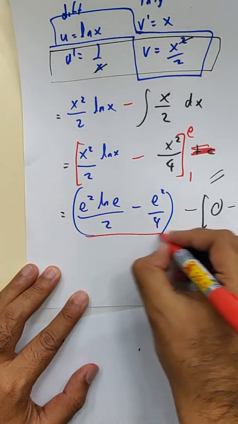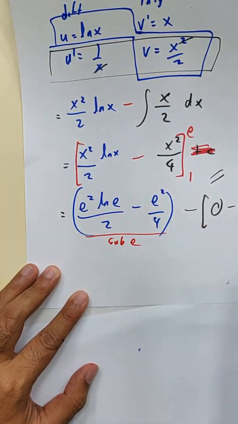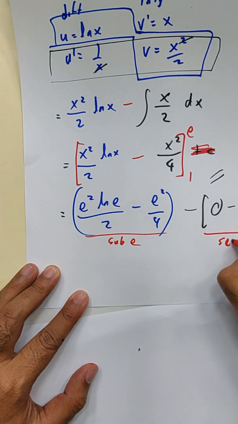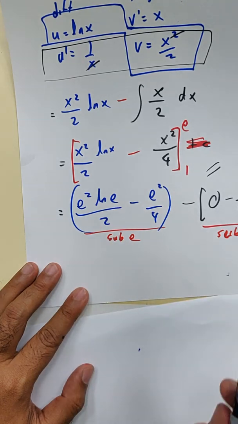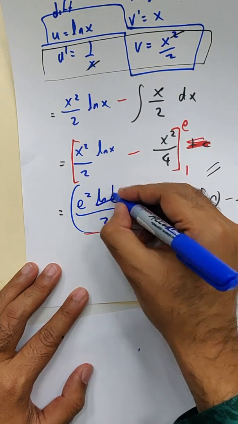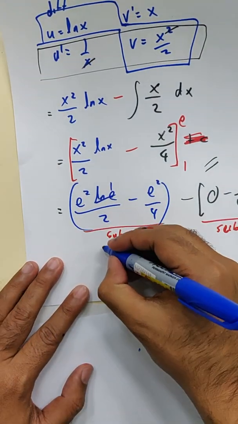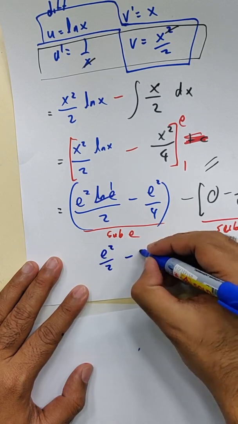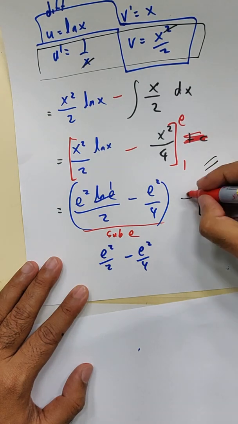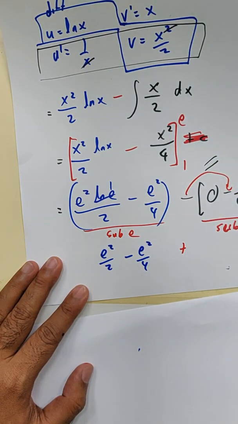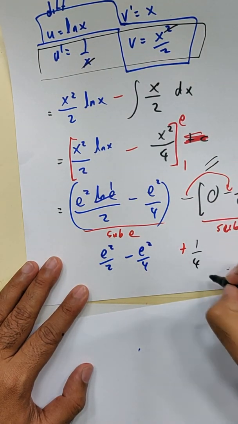Let me write down this one, I sub e, this one I sub 1. ln e is 1, boom. So you got yourself e squared over 2 minus e squared over 4, minus minus, plus 1 over 4.